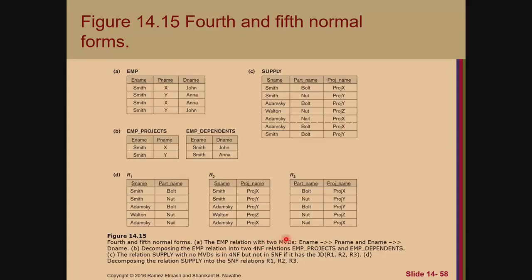E name multi-determines P name, and E name multi-determines D name. Smith pairs to several values of the P name, and Smith also pairs to several values of the D name. This is multi-value determination. As you can see, we have to use all three of them together as the primary key in this relation.